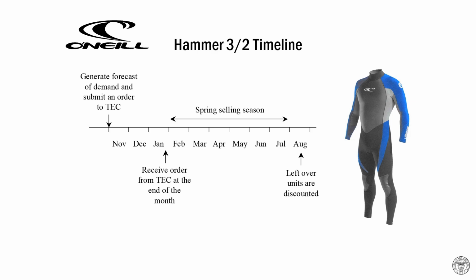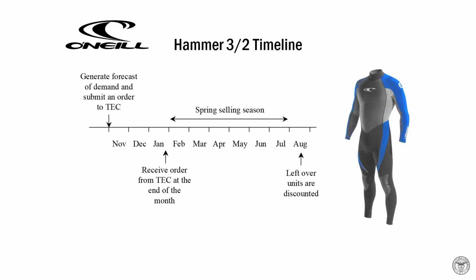Following this, Hammer receives the order from TEC at the end of January, effectively marking the beginning of the selling season. This season lasts from February until August.